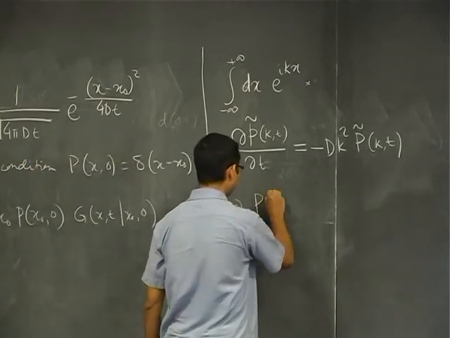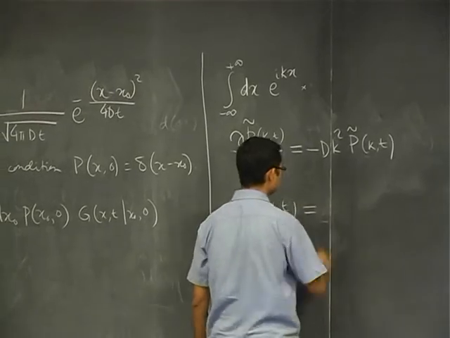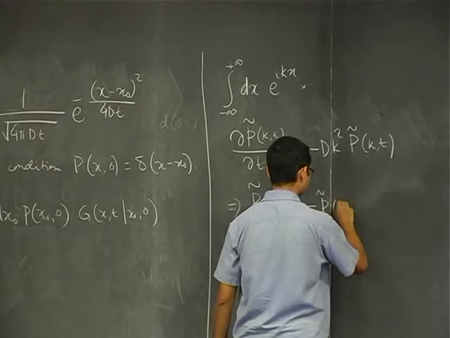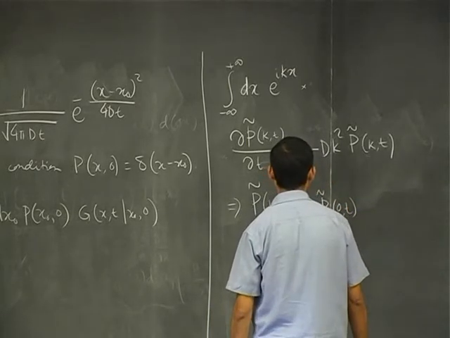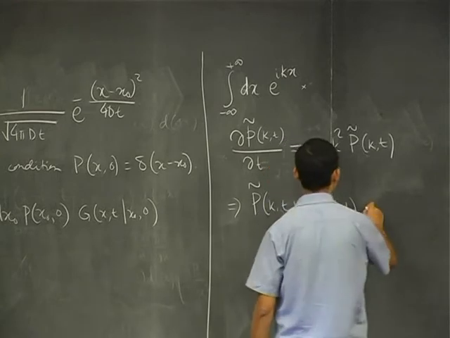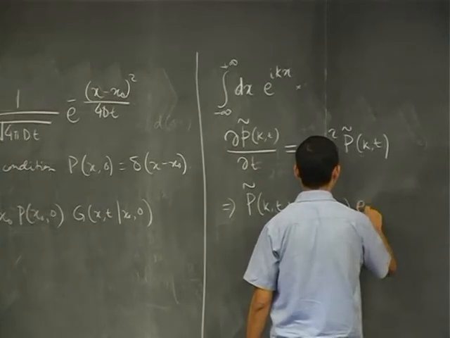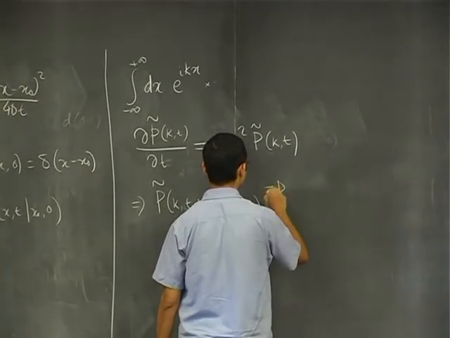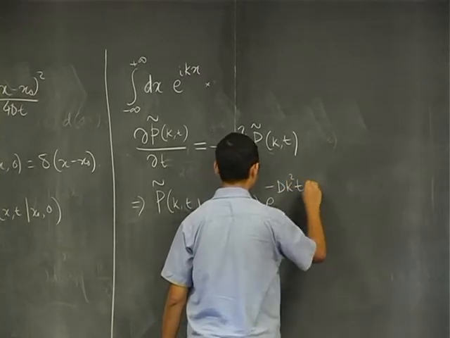So p of k, t is equal to a constant, p of k0 and 0, times e power minus d k square t.